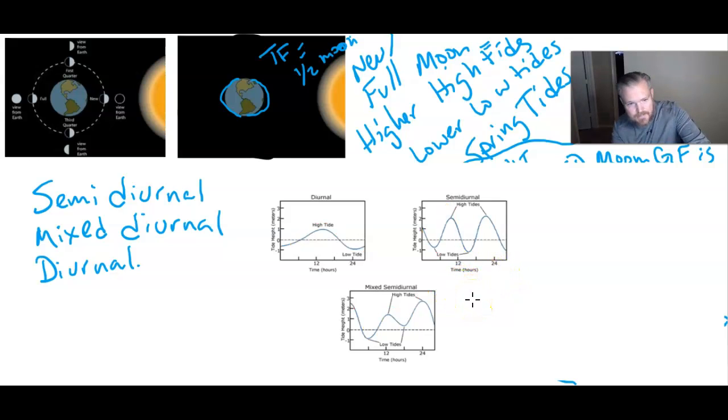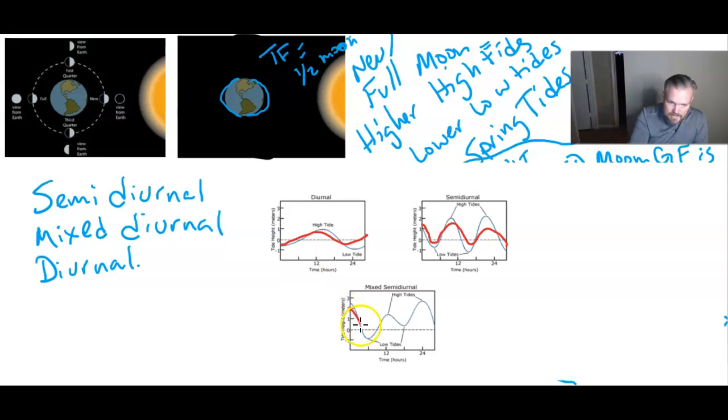If we were looking at neap tides, you would have a lower high tide, so it would be here, down a little bit lower, and then you'd have a higher low tide, so it'd be a little bit higher. Same thing here.